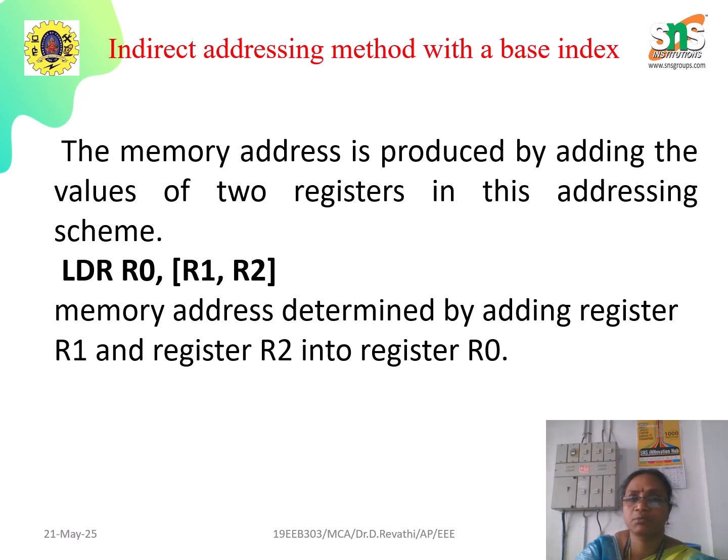The next addressing mode is the indirect addressing method with the base index. The memory address is produced by adding registers. For example, LDR R0, [R1, R2]. Adding the contents of registers R1 and R2, the information at that address is loaded into R0.